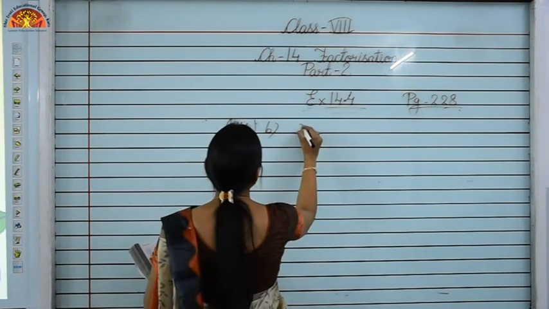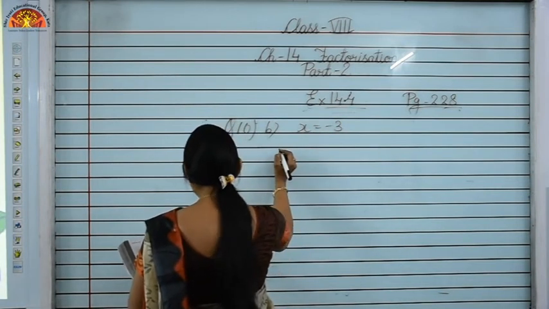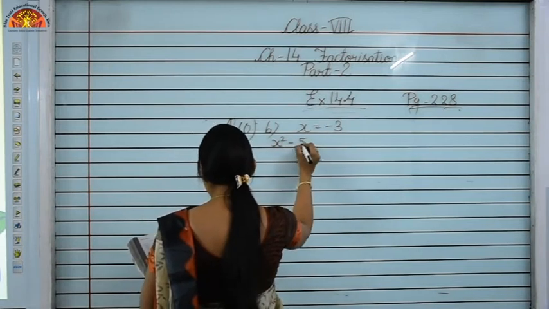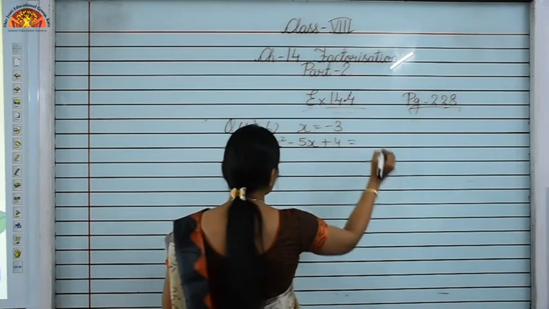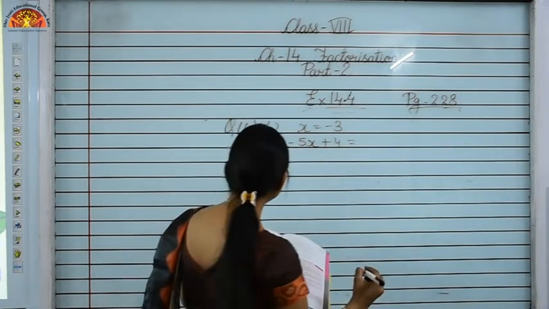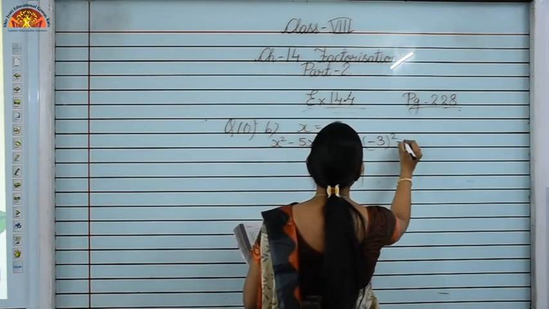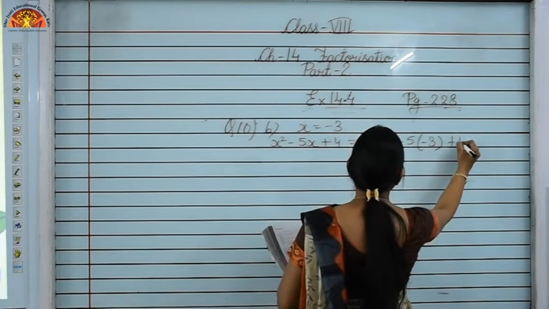The value of x is equal to minus 3 and the expression given is x square minus 5x plus 4. So when you substitute the value of x, it will become (minus 3) whole square minus 5 into minus 3 plus 4.